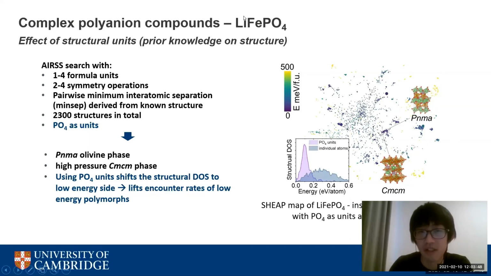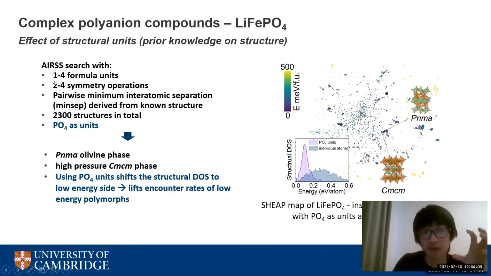Here is a case of lithium iron phosphate. This material is a polyanion compound. This material is used in low-speed electric vehicles, not in Tesla. And for this search, we use the following parameters.